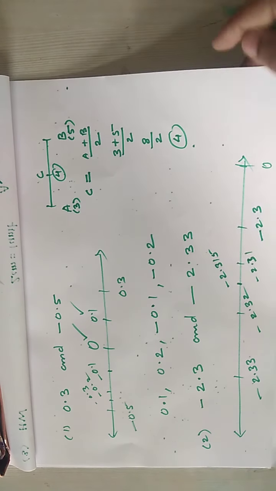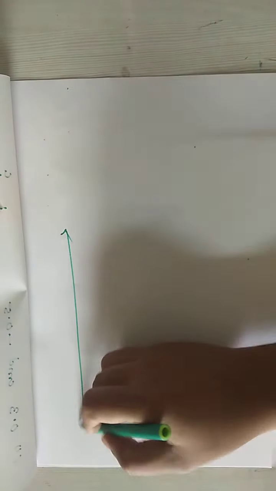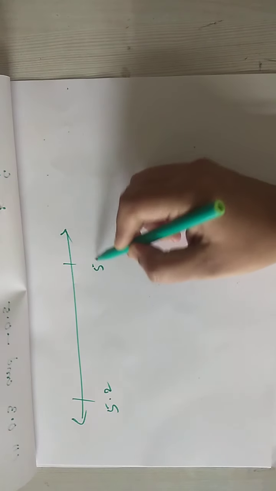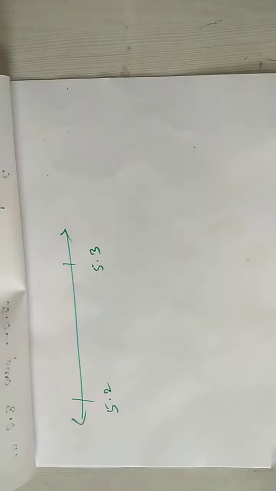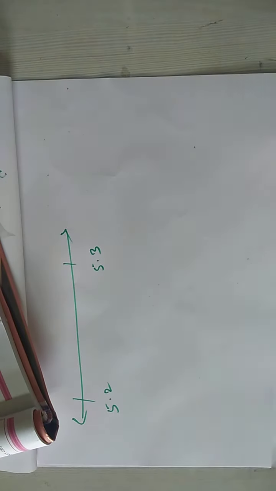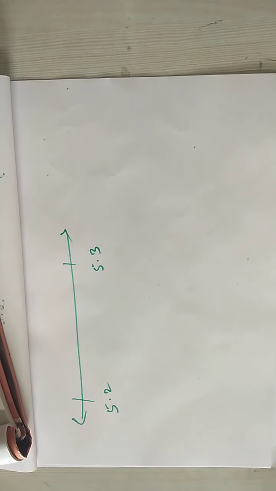Let's see one more sum, 5.2 and 5.3. That is very easy. Suppose this is the number line, 5.2 is here, 5.3 is here. Imagine these are the two numbers. Now, between 5.2 and 5.3, if you are very good with the number line, you should know what comes between.